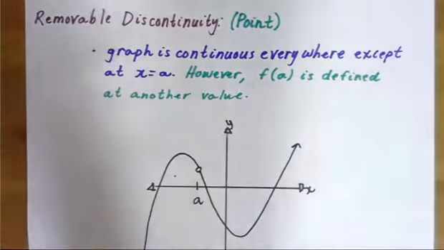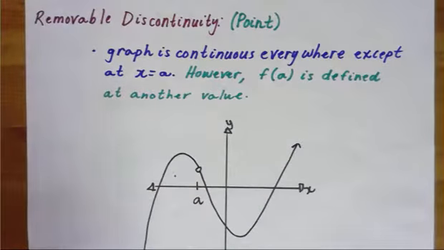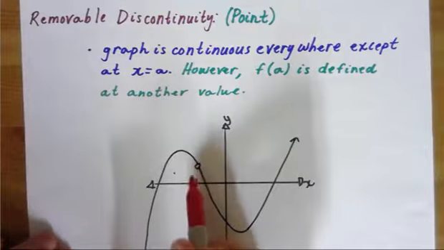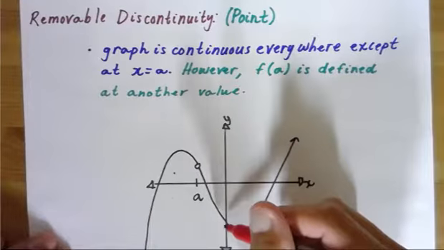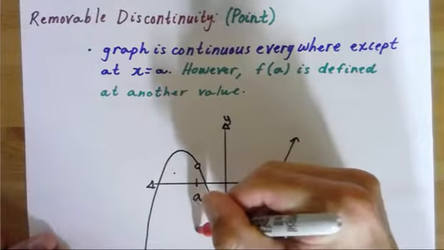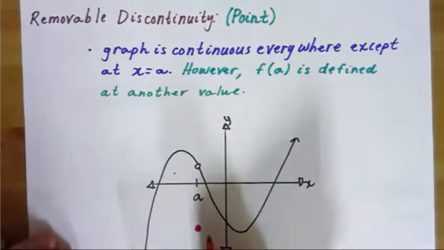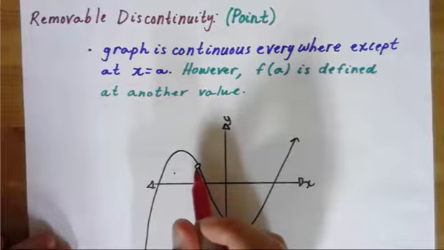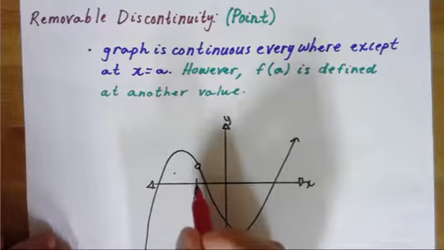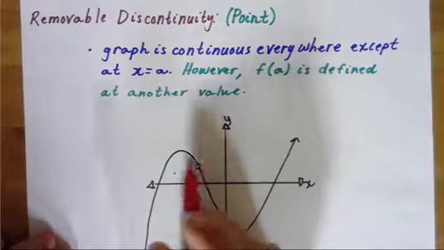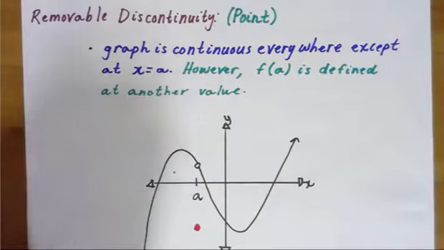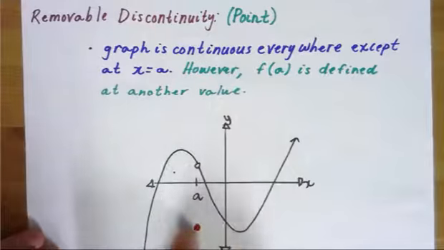The only thing different here is that at a, this point's undefined. It means that somewhere else along that graph, we have a defined point there for f of a. At a, when we plug in a to our function, we have a value down here. That's the big difference. So that's also a removable discontinuity, but they call that point discontinuity. So it's very similar to the other one.